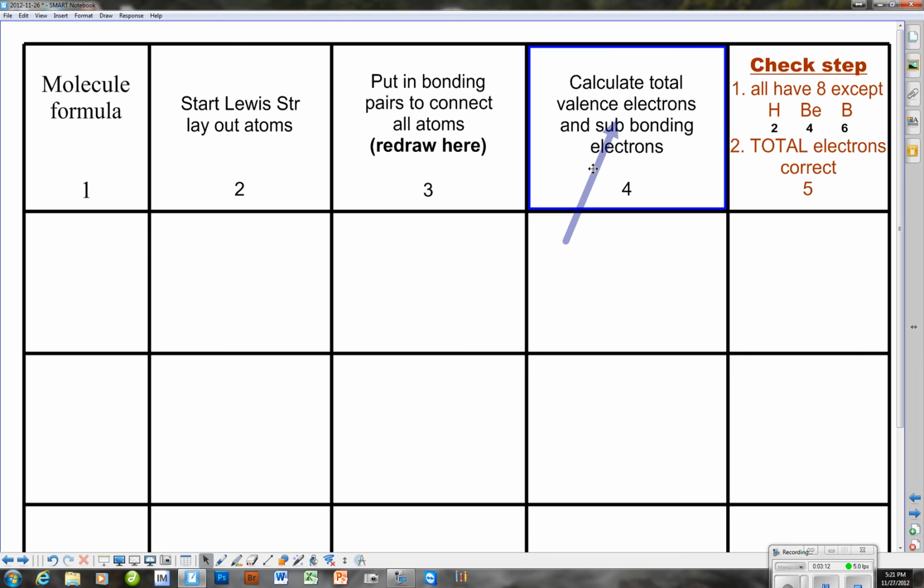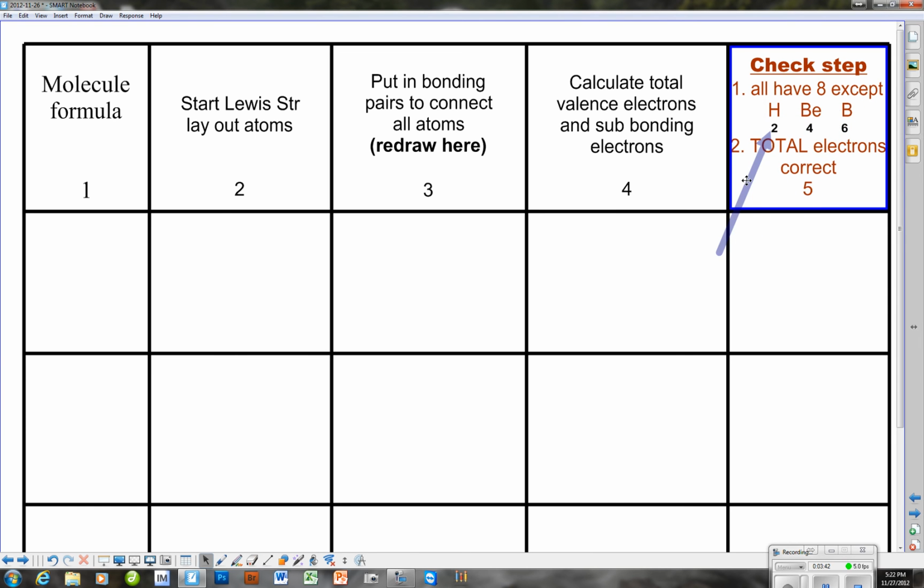And then we're going to calculate the valence electrons and subtract bonding electrons, and then we can put those back into the drawing that's here. And finally, the check step where we need to look and see, do all of the atoms in the molecule have 8 electrons except hydrogen, beryllium, and boron?